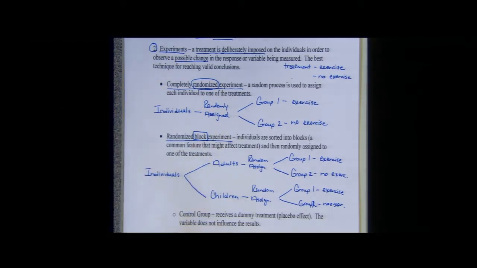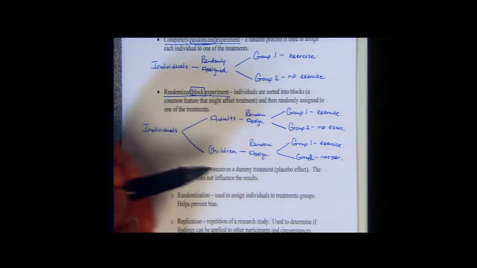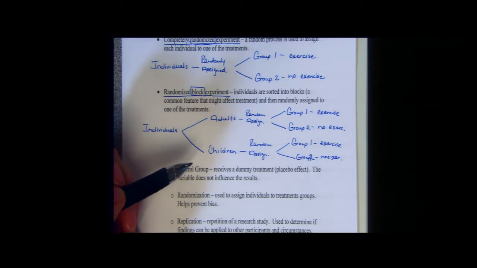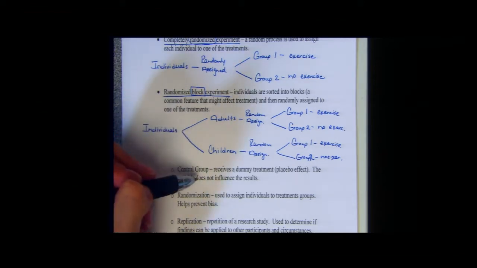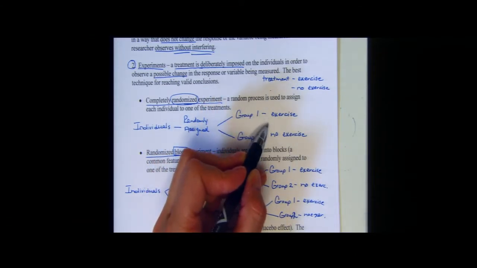Now, within these, you have what is called the control group, which receives a dummy treatment, the placebo effect. The variable does not influence the results. Now, in my example, I did not have a placebo effect. This would be like if you wanted to do a comparison of a medication where group 1 received medication that would actually affect them.